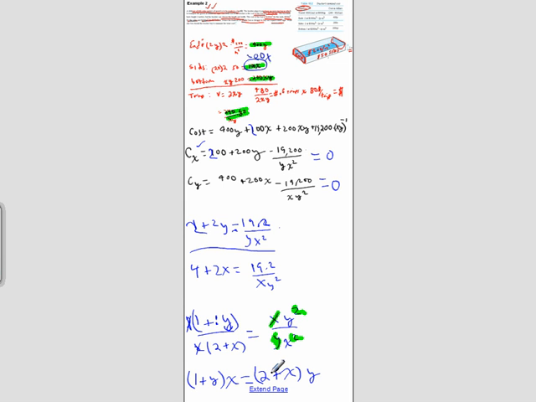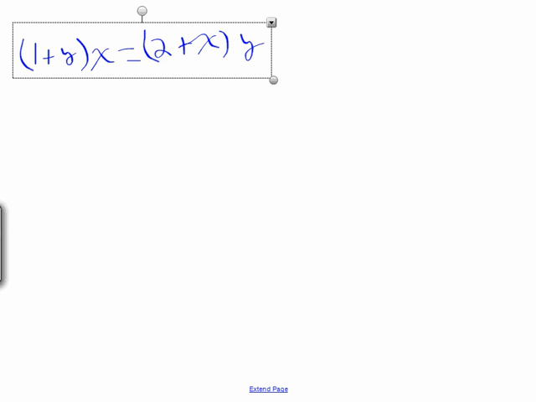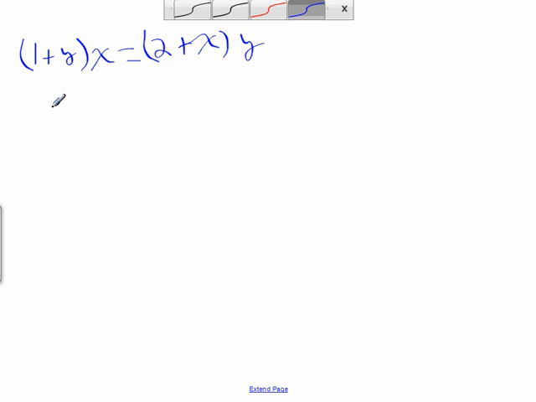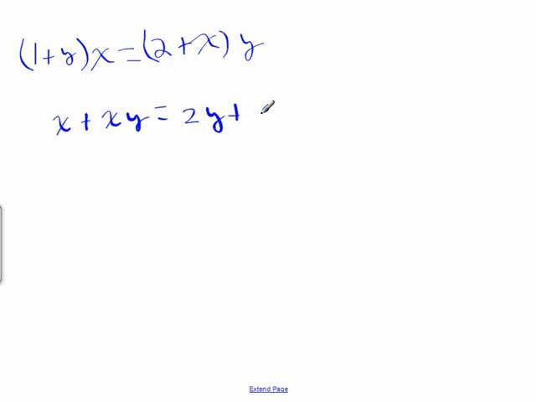And let's do this on the next page so that we have a little bit of room. So continuing to solve this, we get x plus xy equals 2y plus xy, and these cancel off, and so we get left with the relationship that x equals 2y. Well, that's going to be helpful for us.